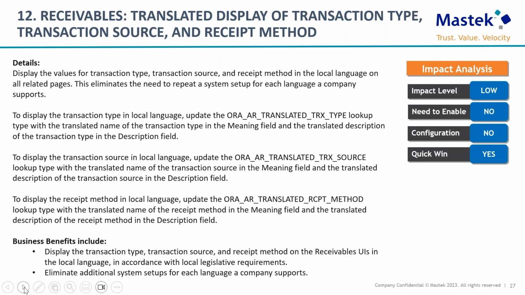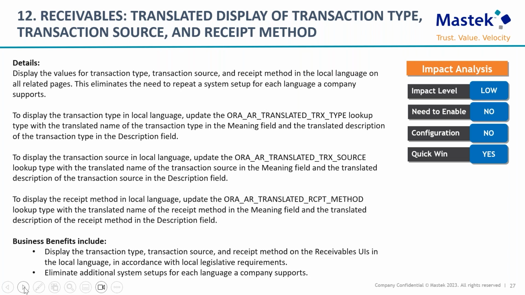The last feature from this category is translated display of transaction type, transaction source, and receipt method. Now we can display the transaction type, transaction source, and receipt method in local languages on our receivables UIs.